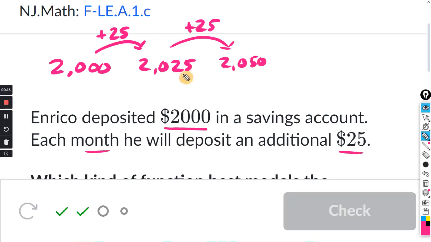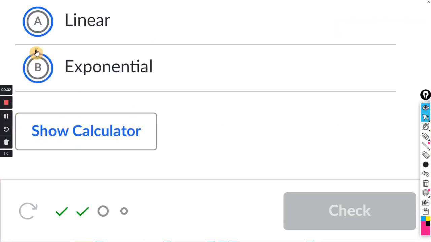So if you're adding the same each time, that's definitely going to be linear. Answer A.